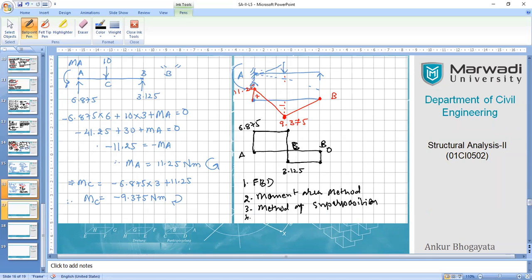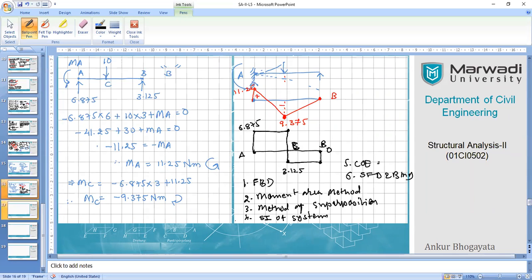We also calculated SI of the system, and you should know how to find SI for the prop cantilever beam. Fifth is we also used COE, that is conditions of equilibrium, for further solutions, and finally we used SFD and BMD.